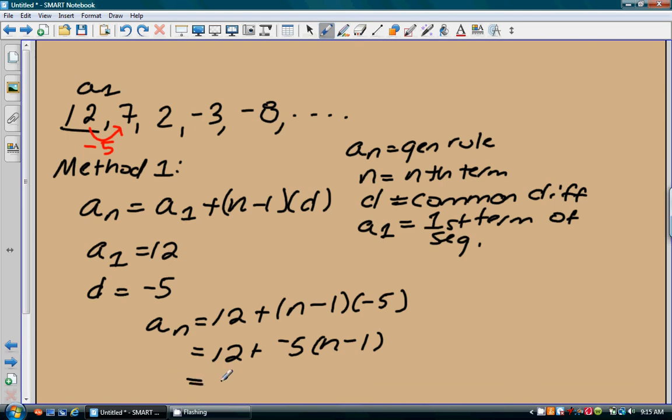So we get 12 plus -5n plus 5, which leaves us with a sub n equals 17 minus 5n.